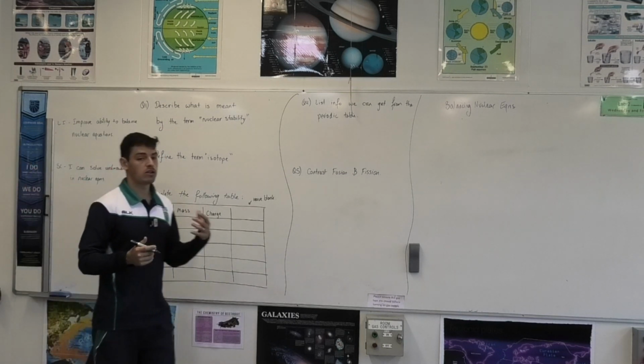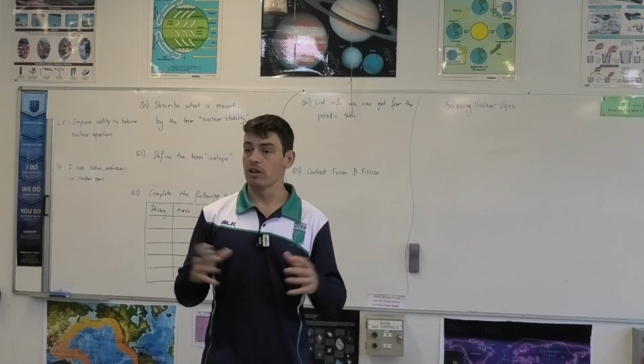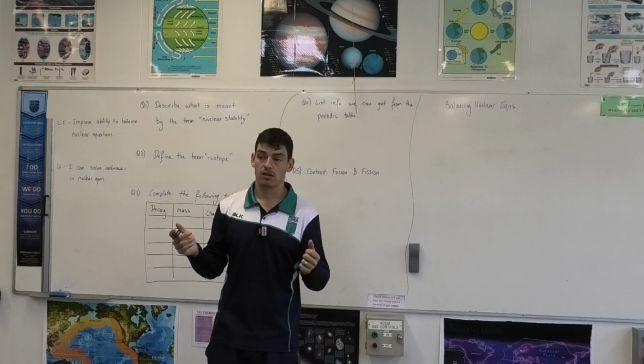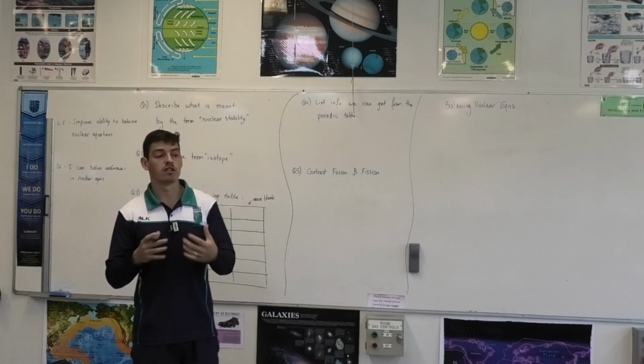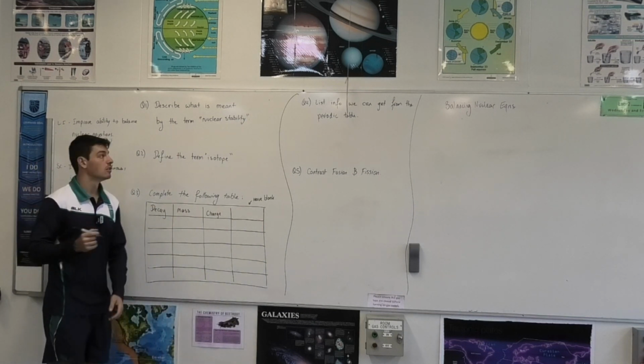So when we talk about nuclear stability, what we're saying is it's a balance between the force pulling it in, our nuclear force, and the force pulling it apart. Happy with that? And every atom's got a different amount of things that it wants inside it to be happy.